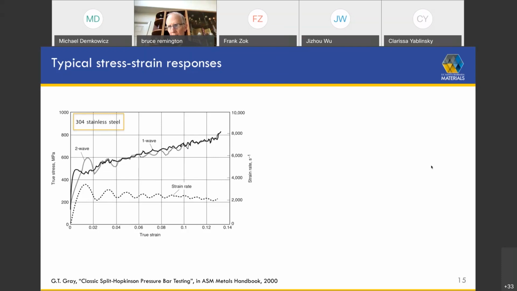Quite typically, people will report these kinds of stress strain curves at many different strain rates. And you can do these at various temperatures, at high temperature, at low temperature. The viscosity effects I'm not quite clear on.